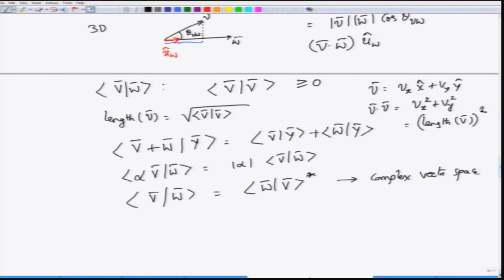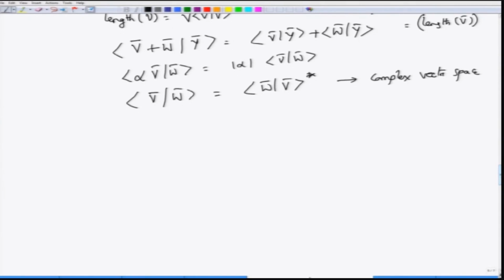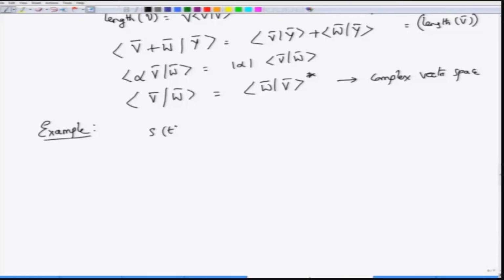Now these are the rules by which we can construct the inner product, right. Now let us take an example of our signals and see if we can define the inner product. So I take S of t as one signal and G of t as another signal, both belonging to a certain signal space S, and I define the inner product as S of t into G complex conjugate of t.